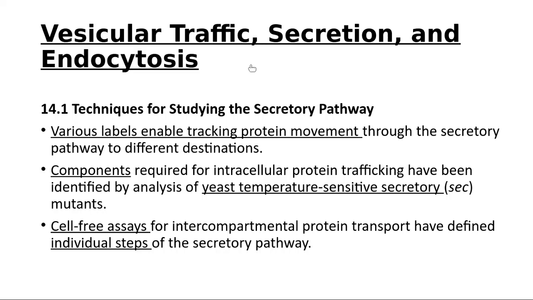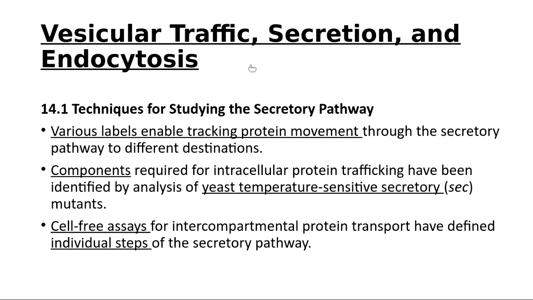Various labels, meaning dyes or fluorescent tags, etc., have been used. We have a lab in the UTD Biological Sciences Department, Dr. Lee Zhang's lab, who joined UTD in 2008.